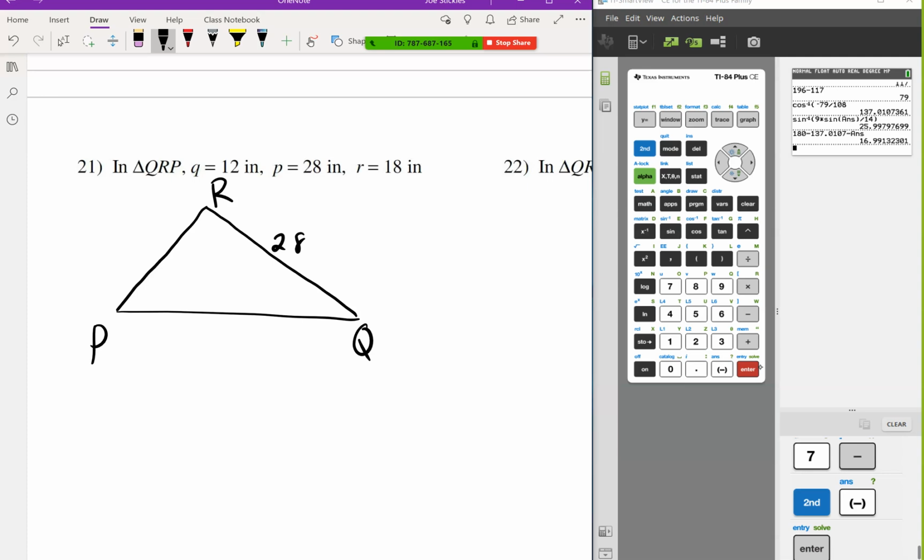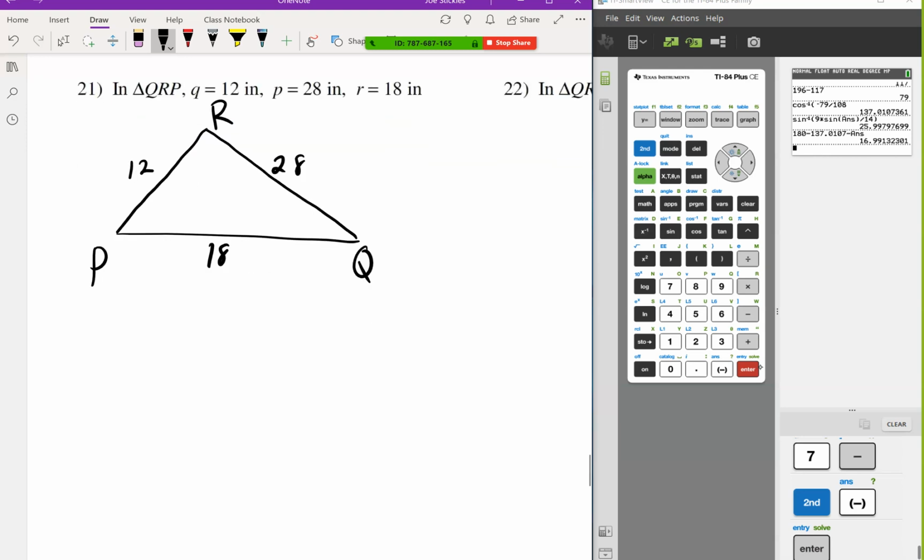Side Q, opposite angle Q, is 12. And side R is 18. And again, just to use the same alphas, betas, and gammas that we did, I'm just going to use alpha, beta, and gamma here, and notice I put them in that alphabetical order. So thinking of this as A, this is B, and this is C.